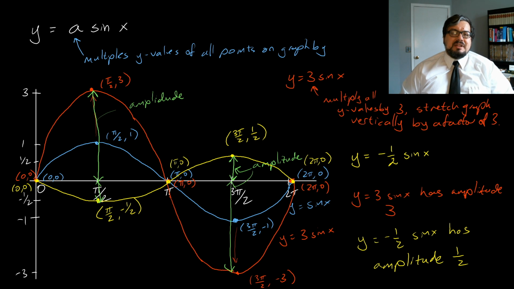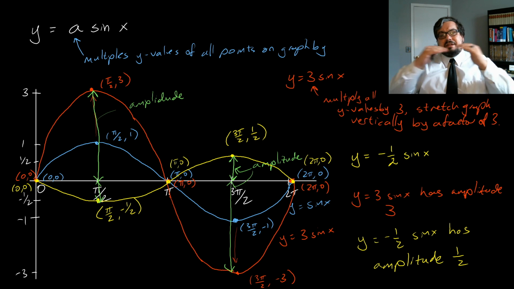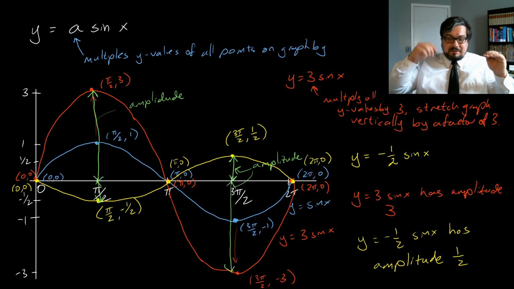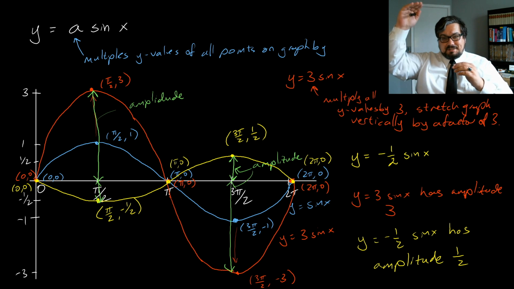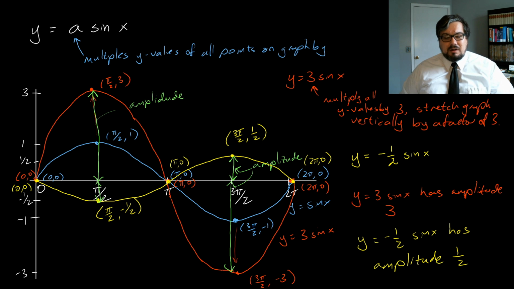The amplitude never measures whether something's been flipped around the x-axis or not. The amplitude is always just a distance, and so it's always positive. A distance from the center line that everything's oscillating around up to the peak, down to the valley. It's a measure of how much waviness do we have, how big are the peaks and troughs of our graph.